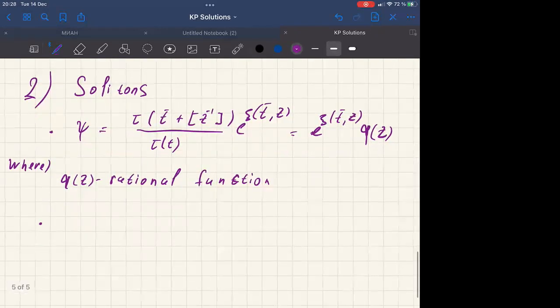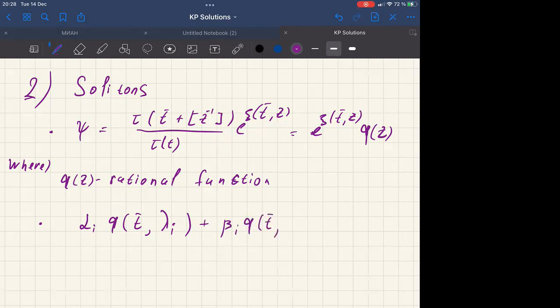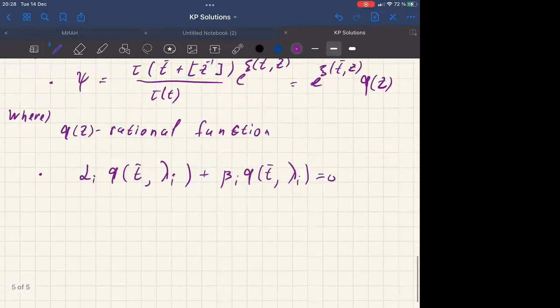And the second condition is that we have alpha beta plus G beta equals 0, for E from 1 to n.